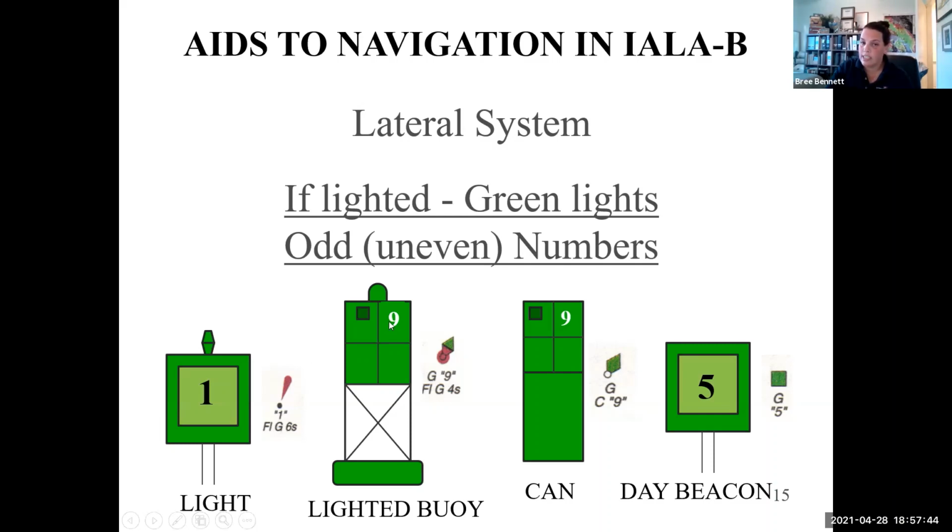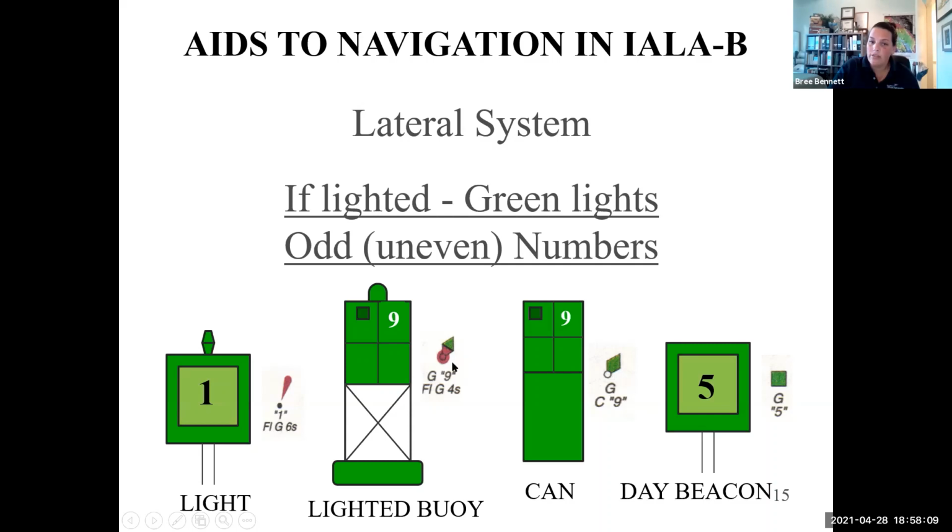So there's a physical 9 on the buoy. And then it has a light because it has that magenta stamp, I call it. It has that magenta circle around the circle of the buoy. So it has a light on it. If it doesn't have a light, it doesn't have that magenta stamp.